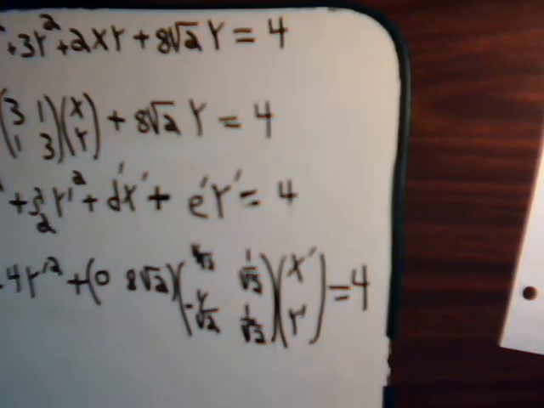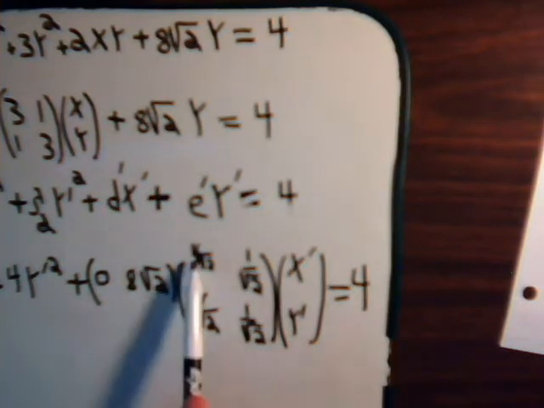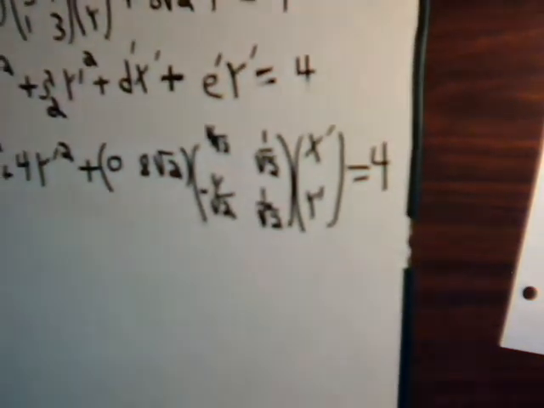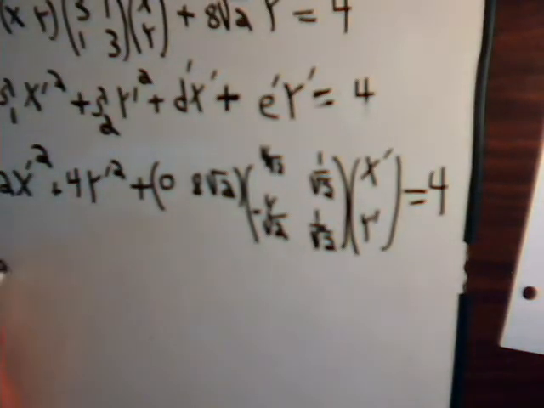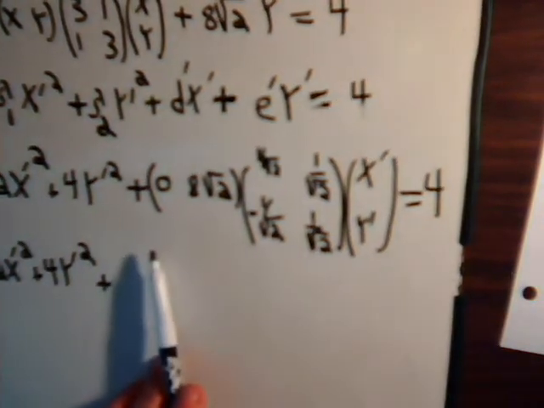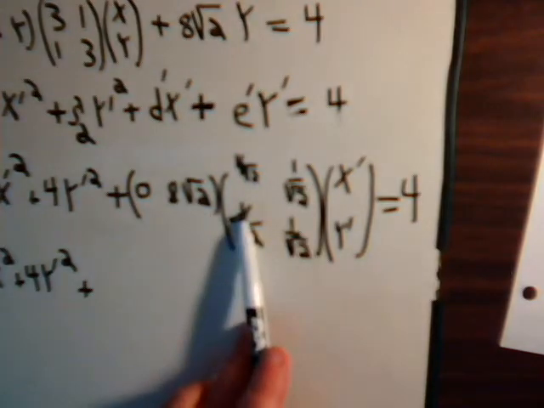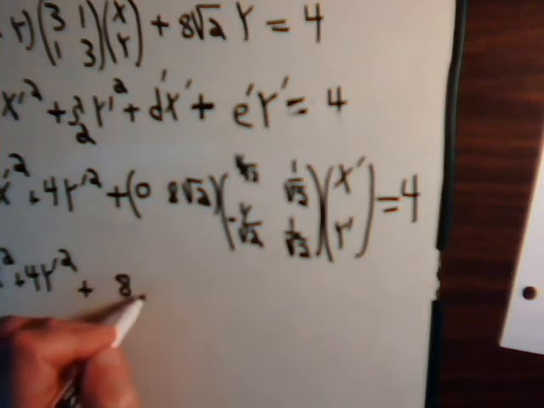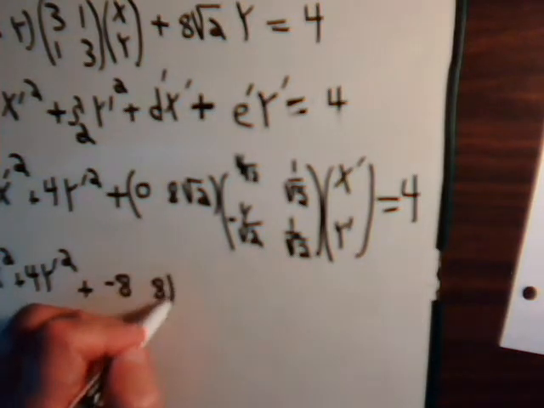Now, remember, when we multiply a matrix by a row vector, it's always on the left, and it is the first element times the first row, that's going to be 0, plus the second element times the second row. So here we're going to have 2x prime squared plus 4y prime squared plus, with zeros here, minus 8 and plus 8.